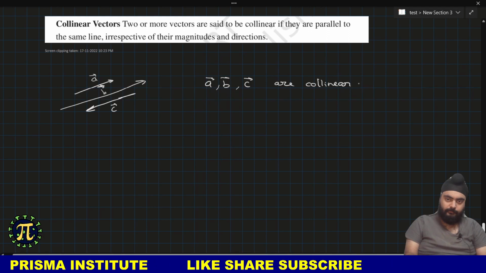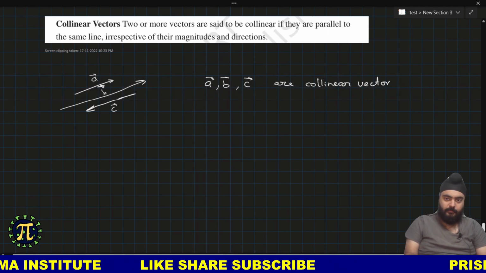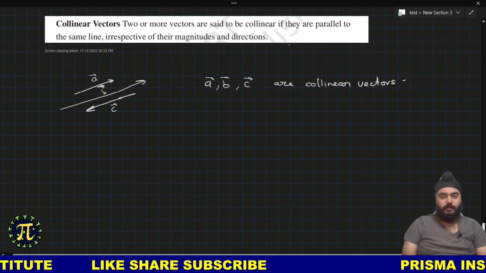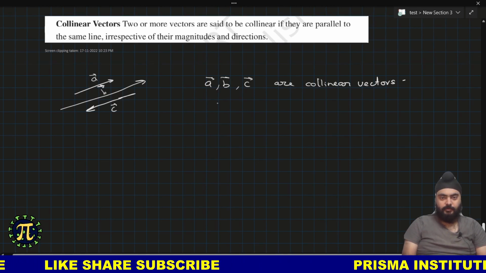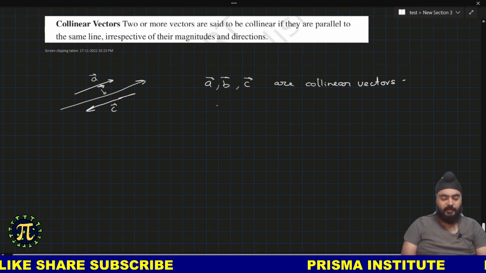because you can read the definition: they have to be parallel. Okay? So there is no talk about their length or their direction.